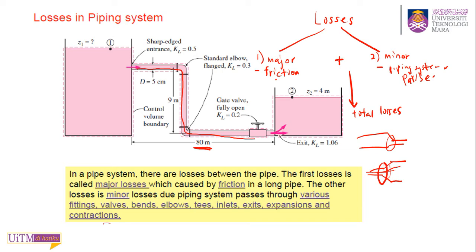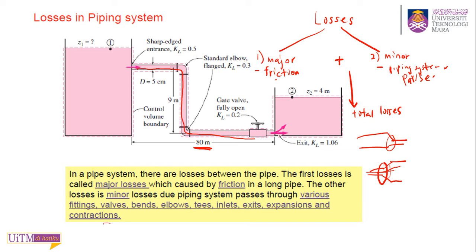Macam mana fluid ni flow? Siapa yang flowkan dia? How does this fluid flow? Anyone? Gravity. That is without losses lah, meaning just the gravity helps the fluid flow through the pipe.